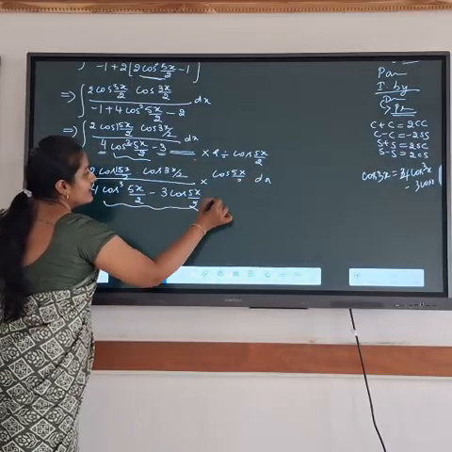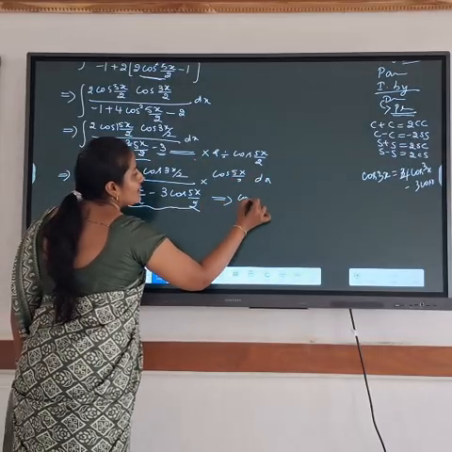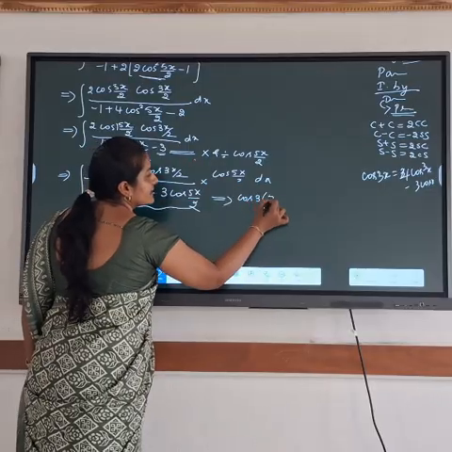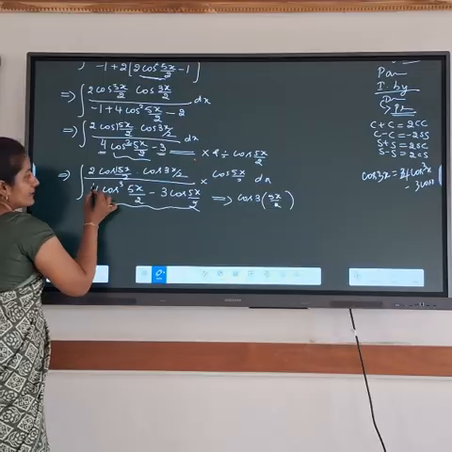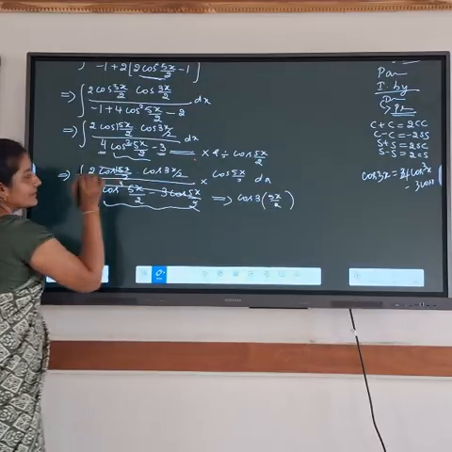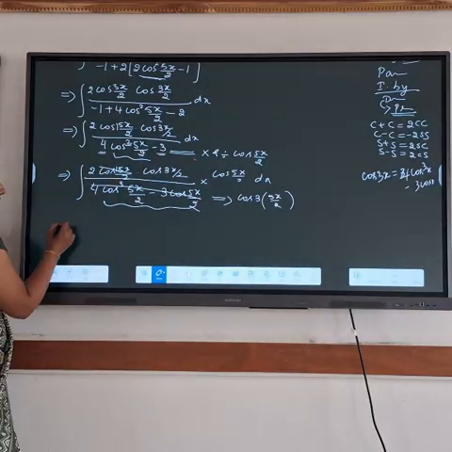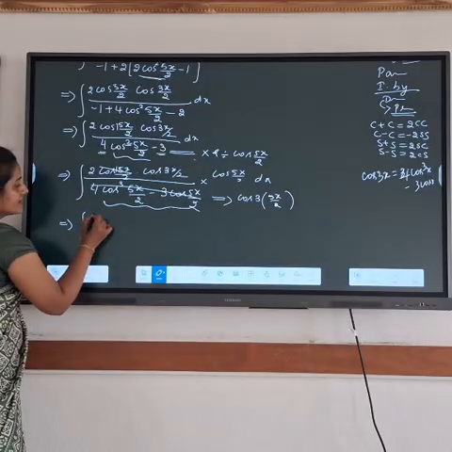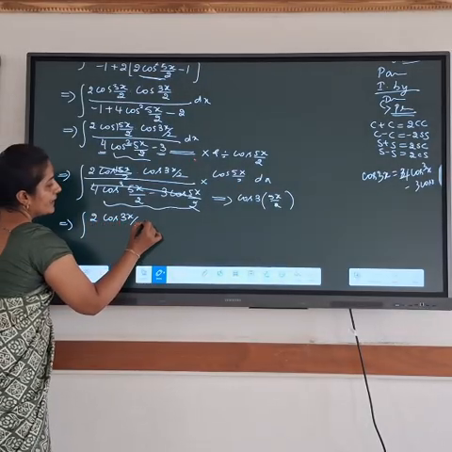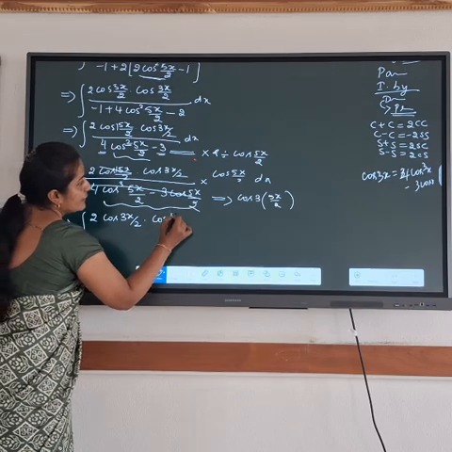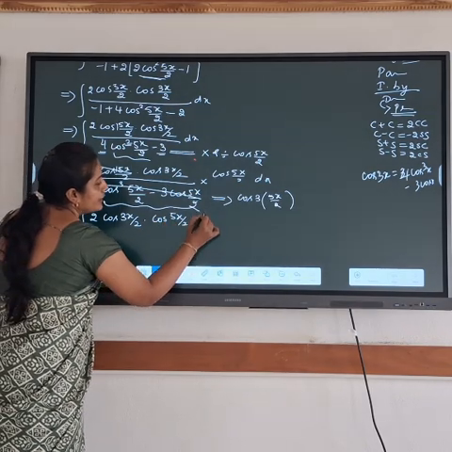Now the entire denominator term is cos 3x, where 5x by 2 times 3 is 15x by 2. That means this entire term and this term get cancelled. What are the remaining terms? It is 2 cos 3x by 2 into cos 5x by 2 into dx.